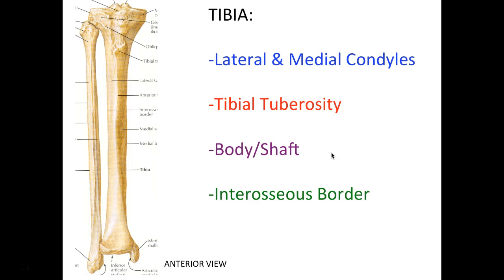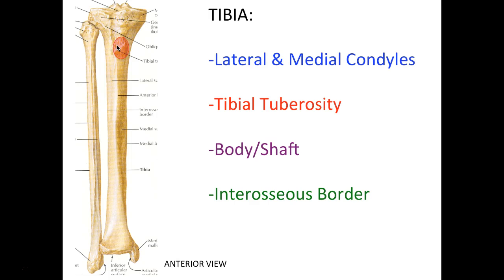So let's start with the tibia first. Our tibia, like I mentioned earlier, also has condyles. We have a lateral condyle and medial condyle. This one being our medial condyle because we know our fibula sits laterally, so that would make this the lateral condyle. And then if we go a little bit inferior to that area, we're going to see our tibial tuberosity.